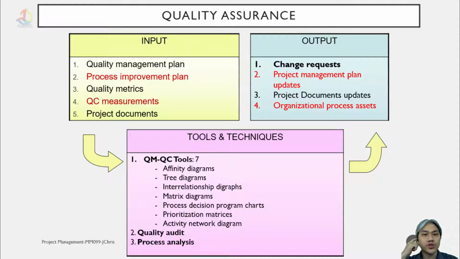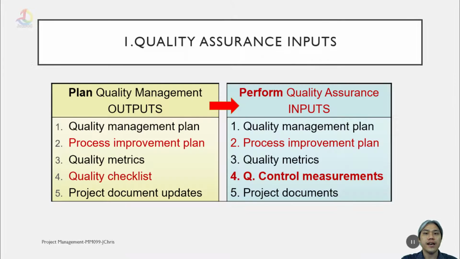In quality assurance, we have three phases: inputs, tools and techniques, and outputs. Let's dive in from the inputs. The quality assurance inputs are based on the plan quality management outputs, as you can see from left to right here.